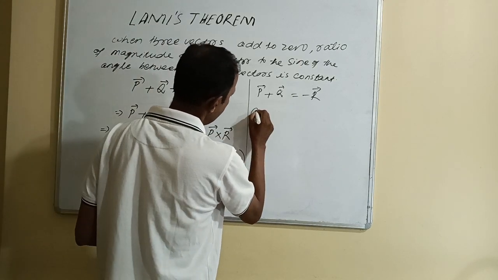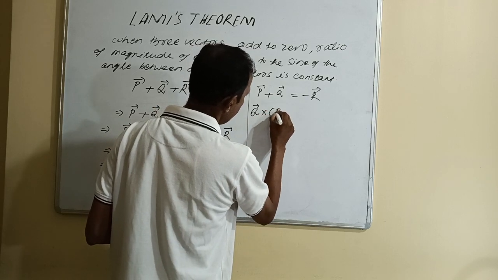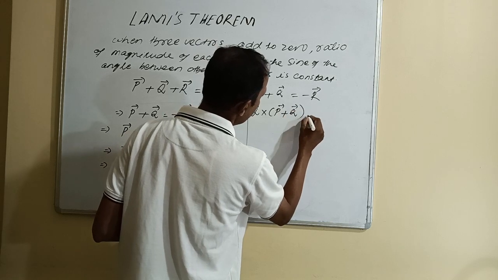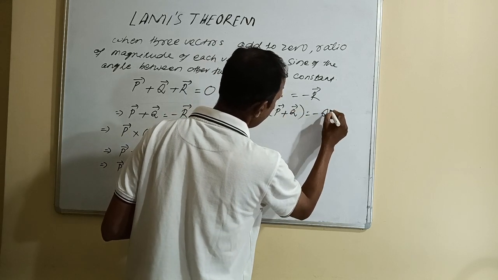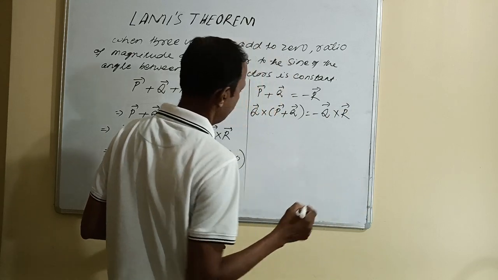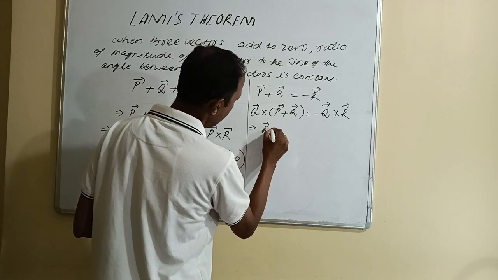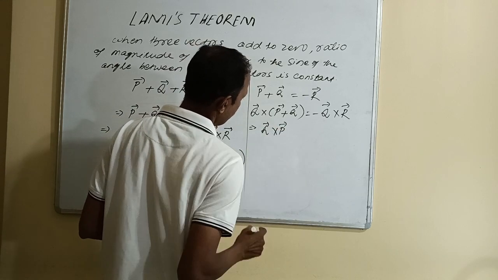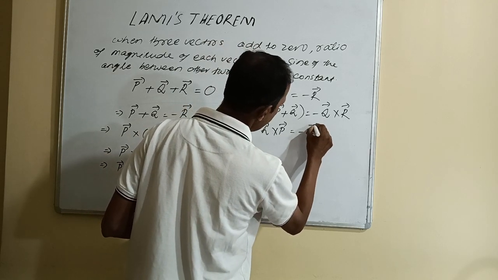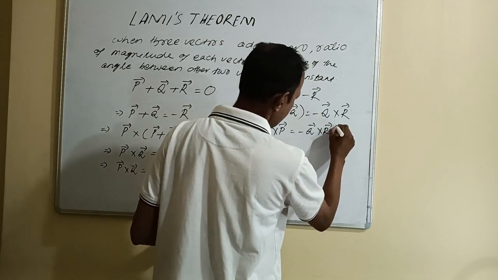That means Q cross (P plus Q) is equal to minus Q cross R. Implies that Q cross P is equal to minus Q cross R. Okay, why?